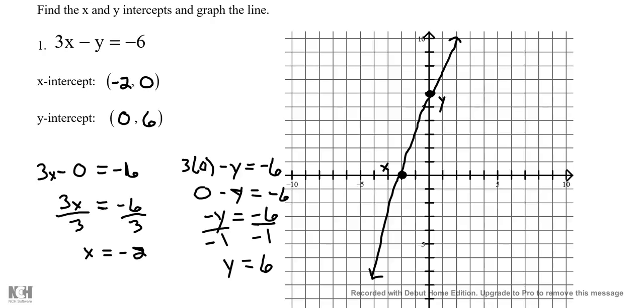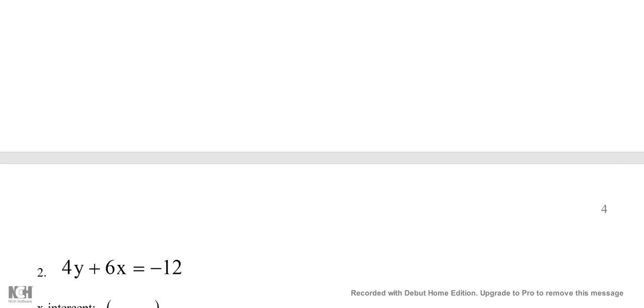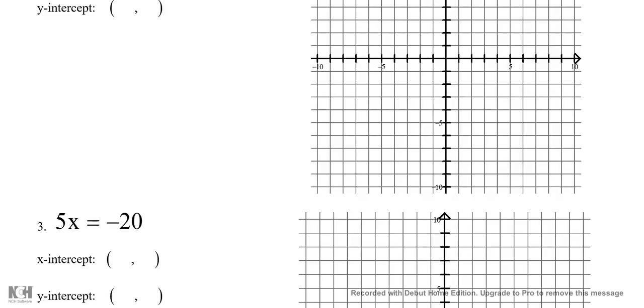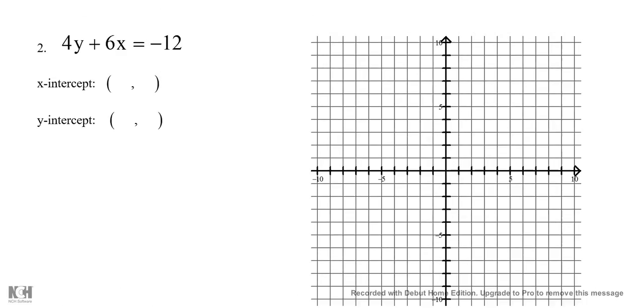I'm going to do one more of these, and that should do it for this particular. Well, we'll do two more, one without a y in it. Okay, so again, x-intercept, plug 0 in for y. Y-intercept, plug 0 in for x. We know we're going to do both of those things as soon as we see both of those. So for the x-intercept, we're plugging a 0 in for y, so 4 times 0.